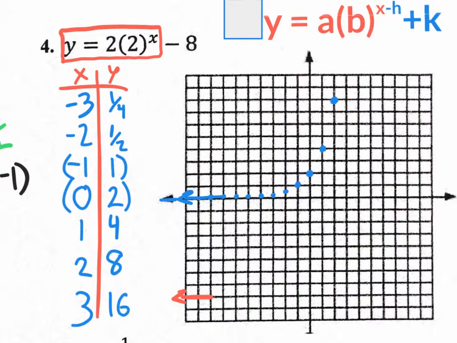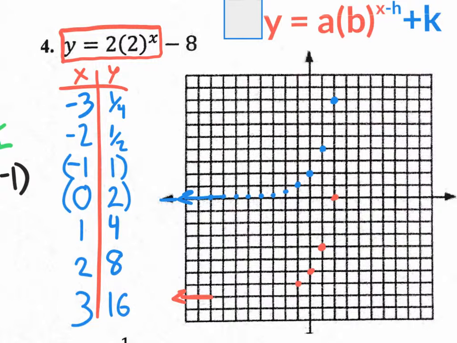I want to go to each one of these blue coordinates, and I want to go 8 units down. 1, 2, 3, 4, 5, 6, 7, 8. And I'm going to put a dot right there, but I'm going to use the red pen this time. I want to take all these coordinates and move them 8 units down, all of them.